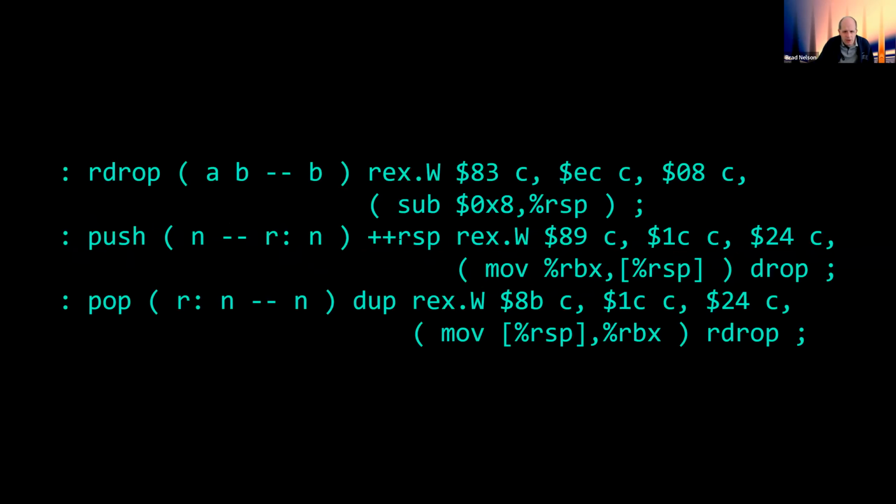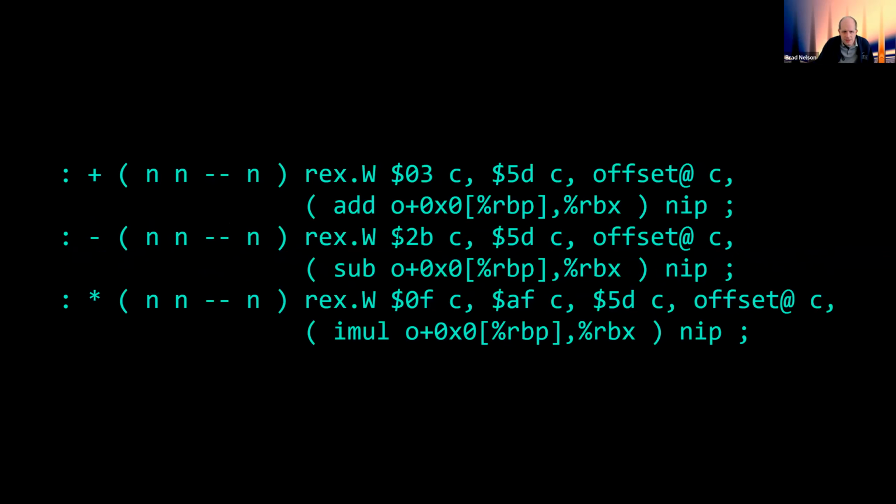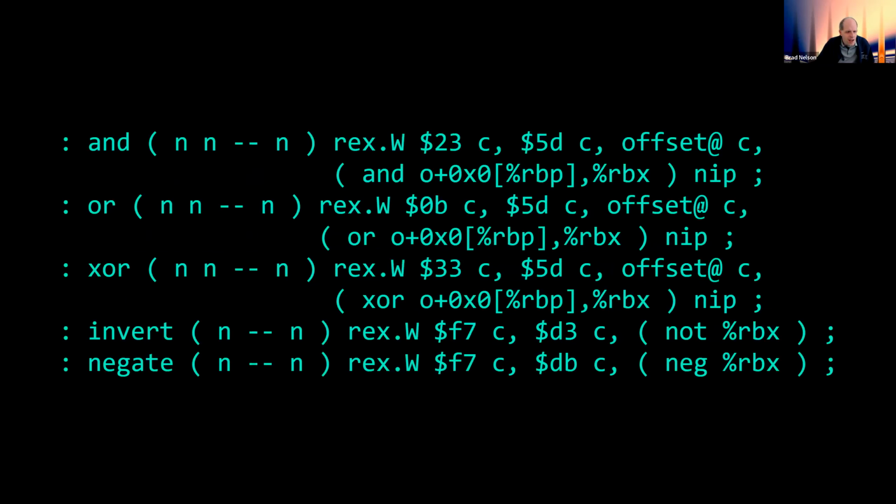And so then I can build up all of the core words, and things like a plus operation, for example, end up being 2 instructions, one for the actual add operation, and then another to move the next element of the memory-based stack down into RBP, but notice that I don't have to adjust the position of RBP. And then a similar thing for AND, OR, and XOR, and then invert and negate don't move the stack.